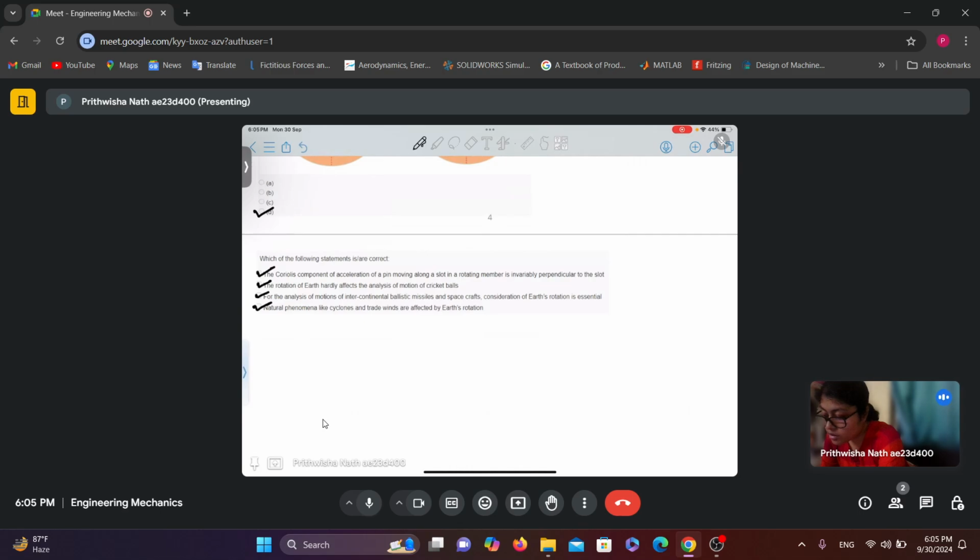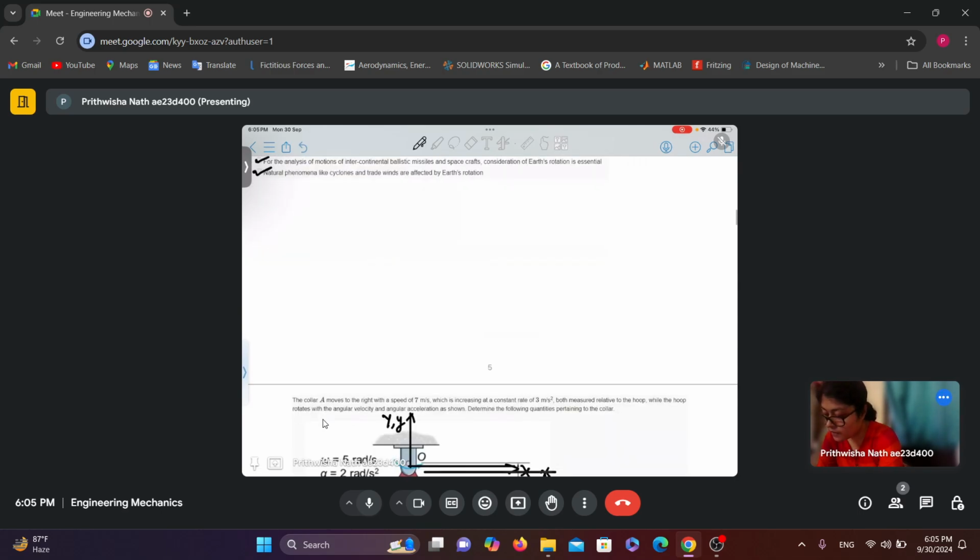For analysis of motions of intercontinental ballistic missile and spacecrafts, consideration of Earth's rotation is essential. So this is also true. And the last option is natural phenomena like cyclones and trade winds are affected by Earth's rotation. So the fourth option is also true. So all four options are correct in this question.